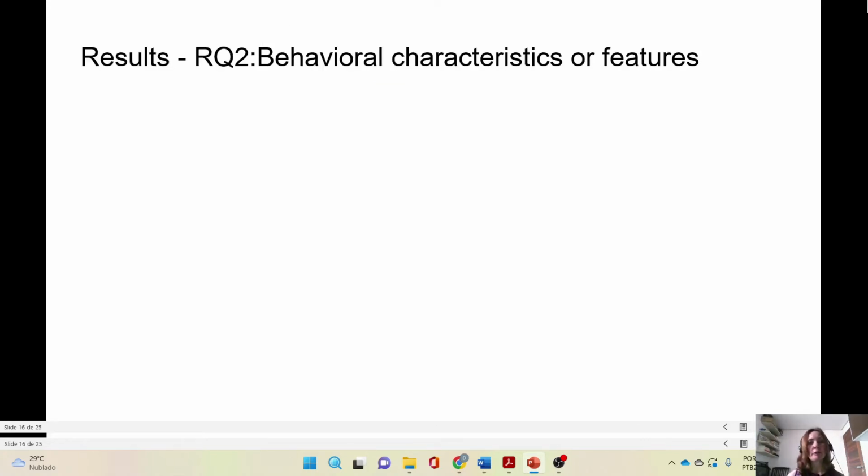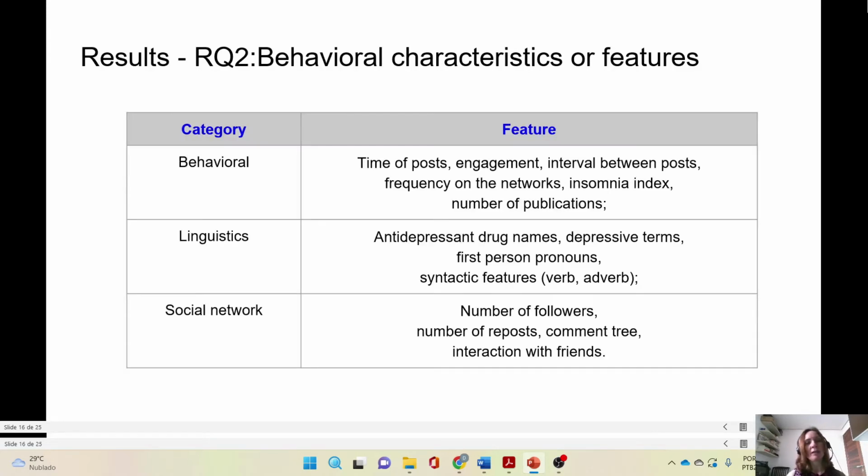Regarding behavioral characteristics or features, which is really important to our research, we have identified some of them. So, in the category of behavior, we have time of posts, engagement, interval between posts, frequency on the networks, insomnia index, number of publications.